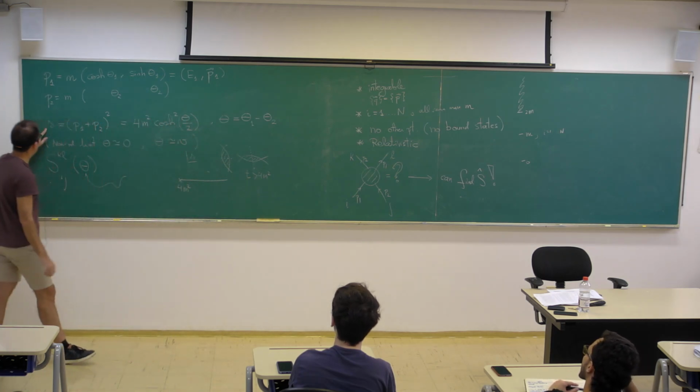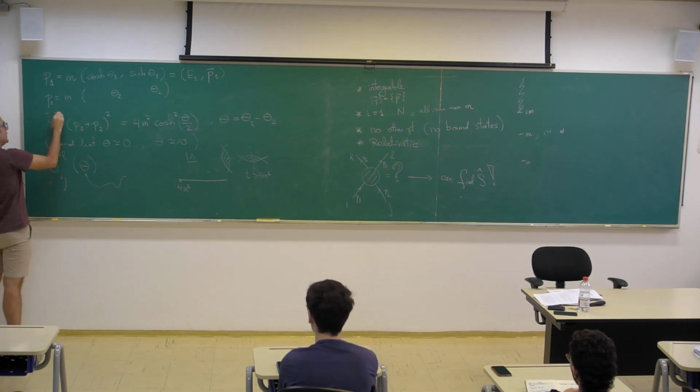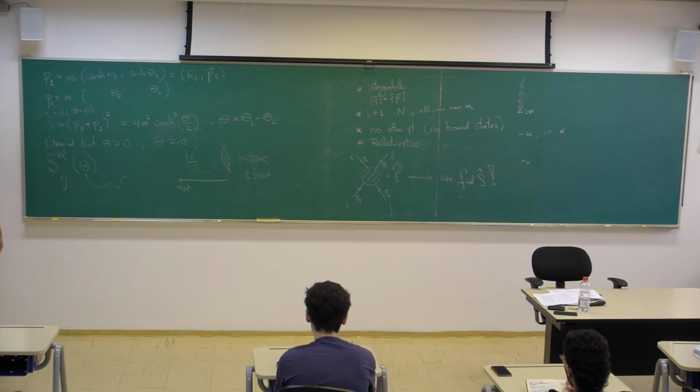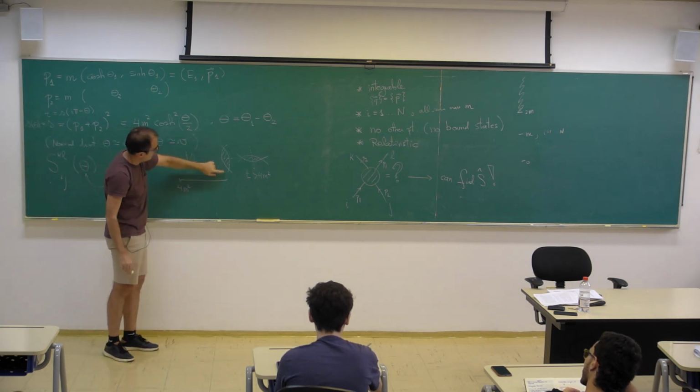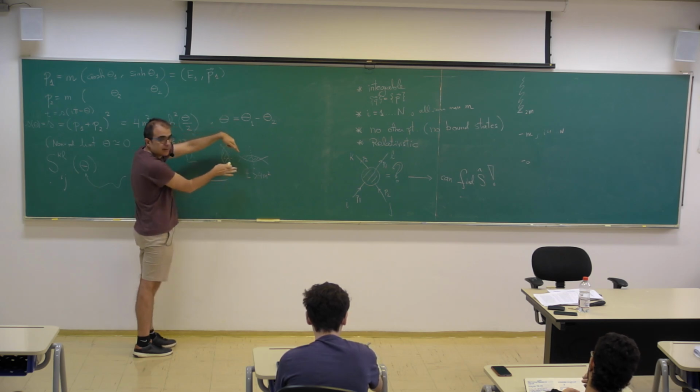You could also compute T, and if you compute T, you find that T is just S at the value i pi minus theta. Does it make sense? Why does it make sense? Because looking at T is like flipping this particle, thinking of this particle as incoming and this particle as outgoing.